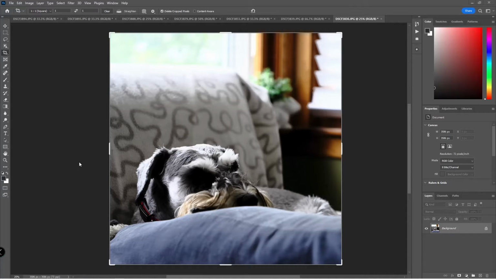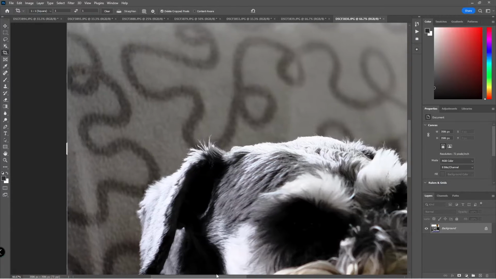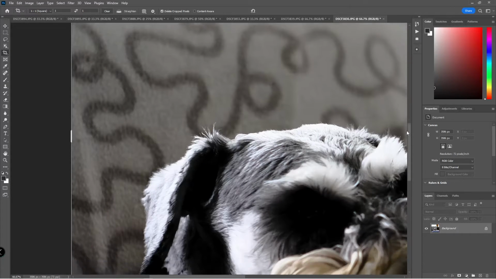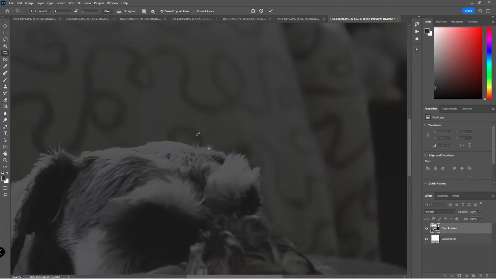And as you'll see here, I missed focus, so to speak, because you want to try and get the eyes in focus. Here you can see it's the hair on his ears that are in focus, and some of the hair back here.